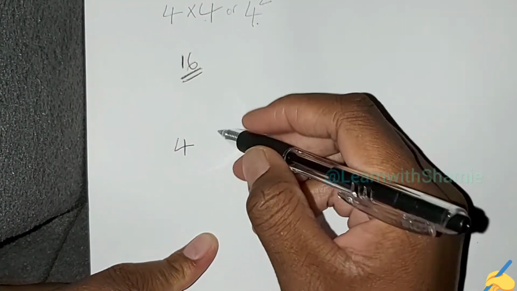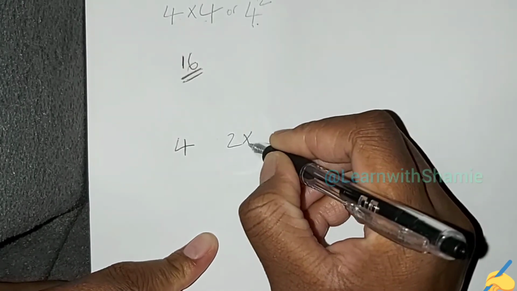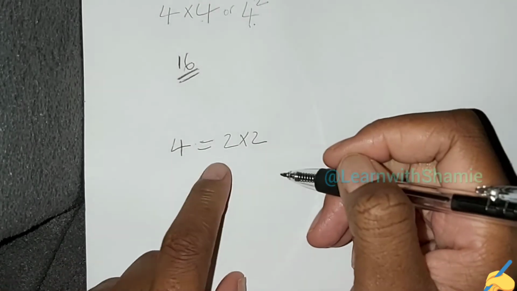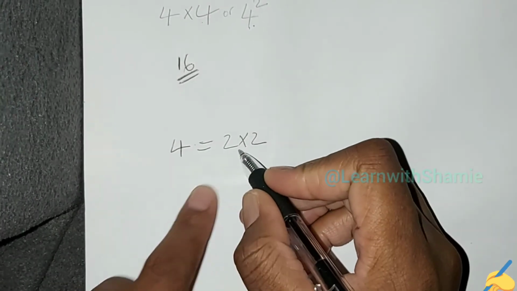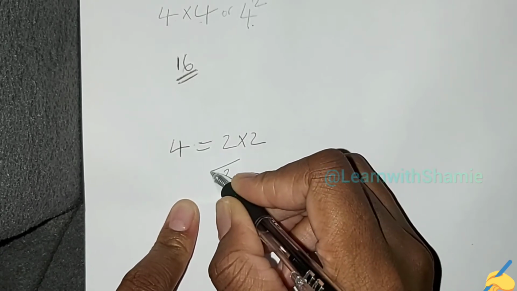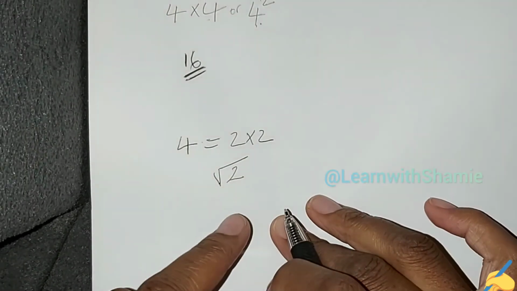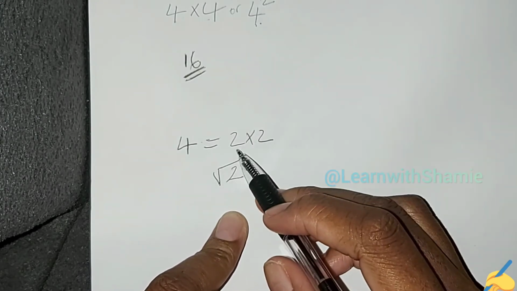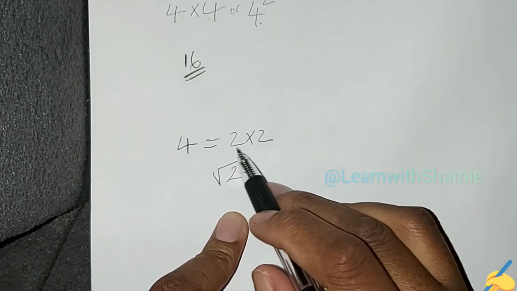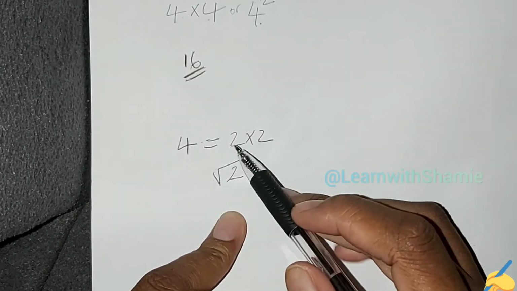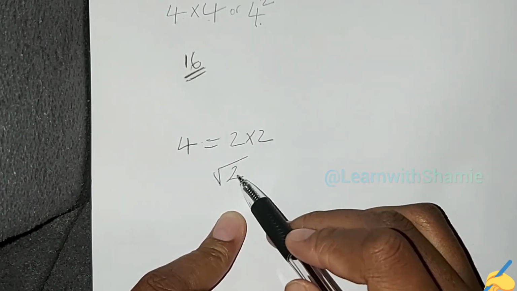We know that 2 times 2 is equal to 4. So therefore, 2 would be the square root of 4. So, the square root of a number is the number which when multiplied by itself gives the original number.